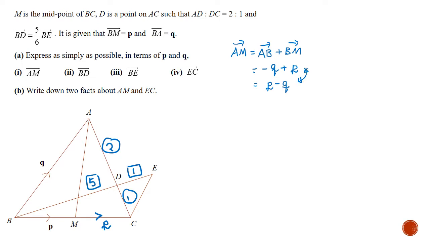Once you have found vector AM, it will be a good habit to write down the vectors on the diagram here. Next, we will find vector BD.